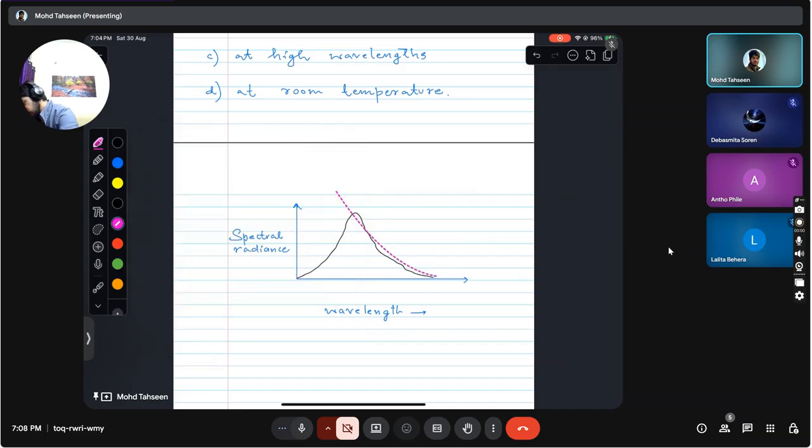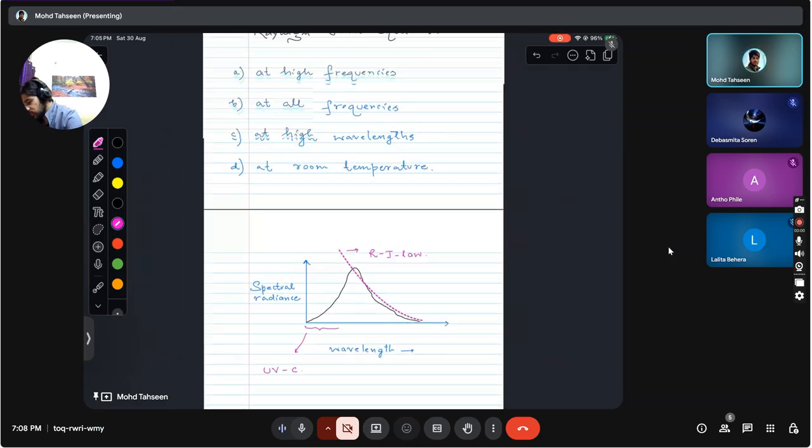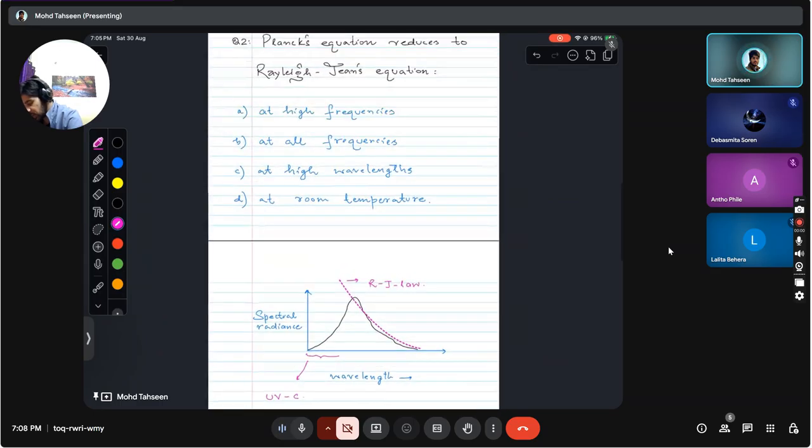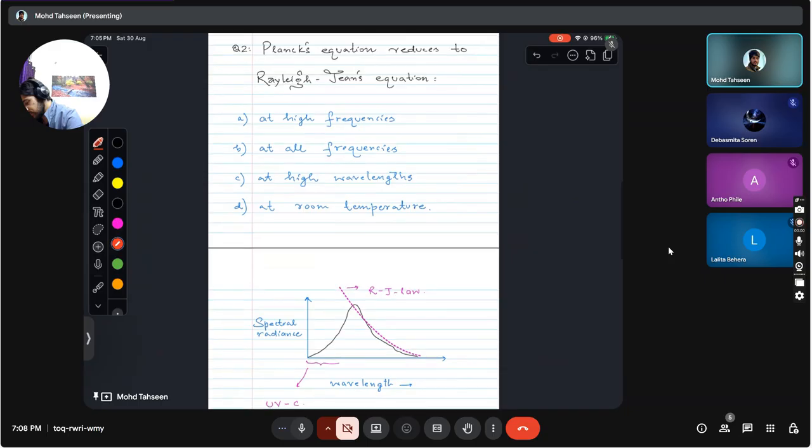So this is what the Rayleigh-Jeans law predicts, and this is the region of the ultraviolet catastrophe. So in accordance with this graph, the correct option should be option C.